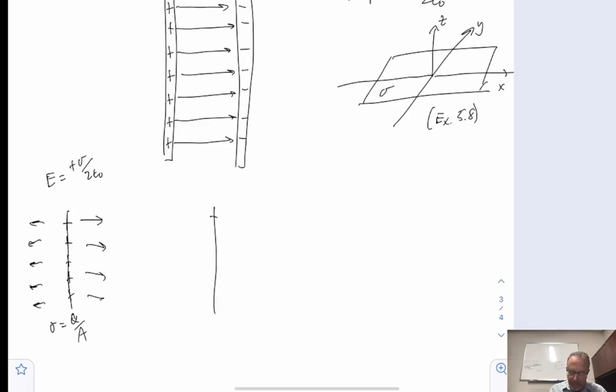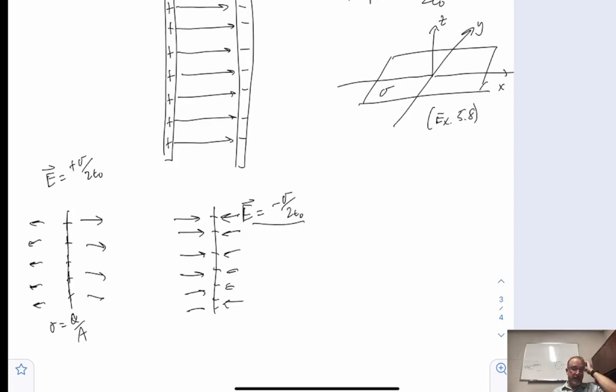If I have a sheet of negative charges, the electric field is minus sigma over 2 epsilon naught, and over here the field points inward toward the plane, and over here it points inward toward the plane. Notice that these electric fields do not fall off with distance. Because it's an infinite plane of charge, the electric fields are constant everywhere.